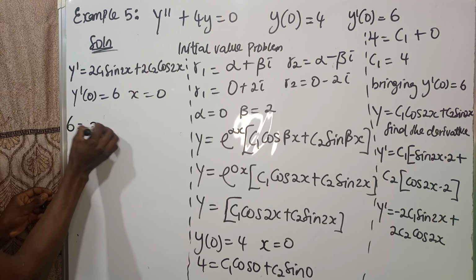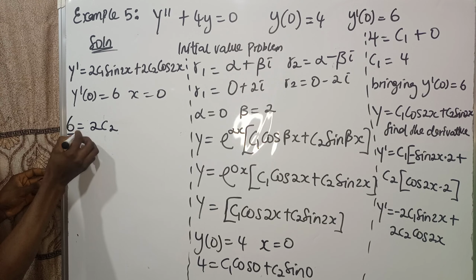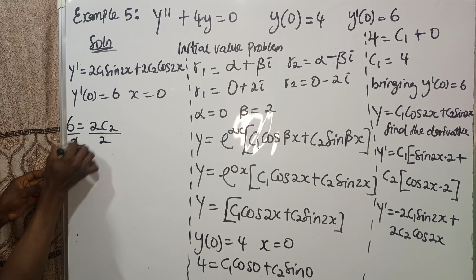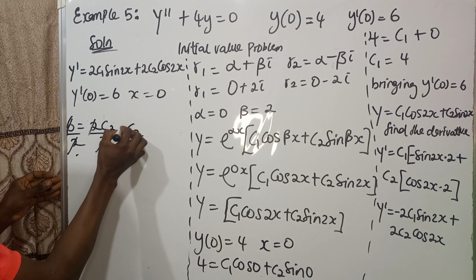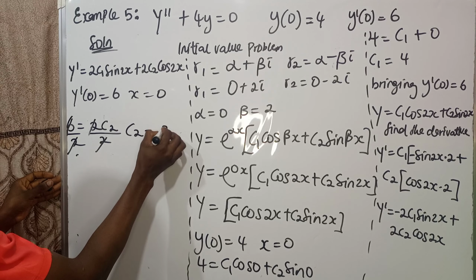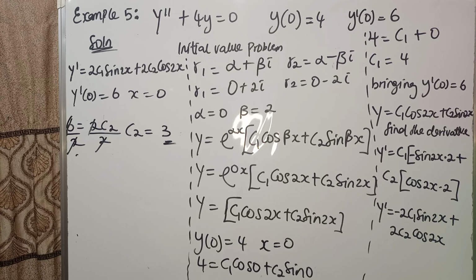So we have 2c2 only, so we can divide both sides by 2. So our c2 is equal to 3. 6 divided by 2 is 3. So c2 is equal to 3.